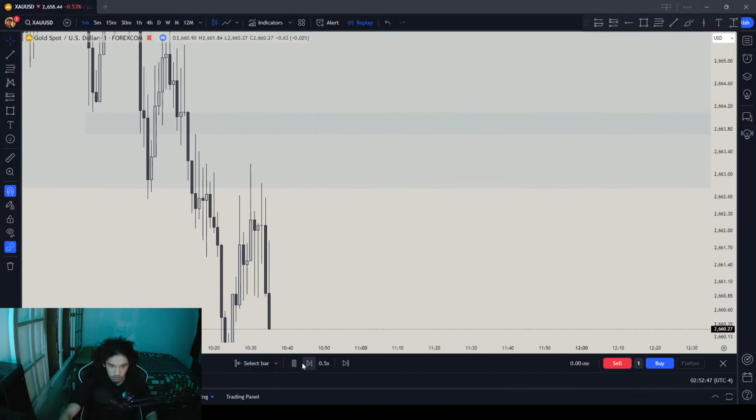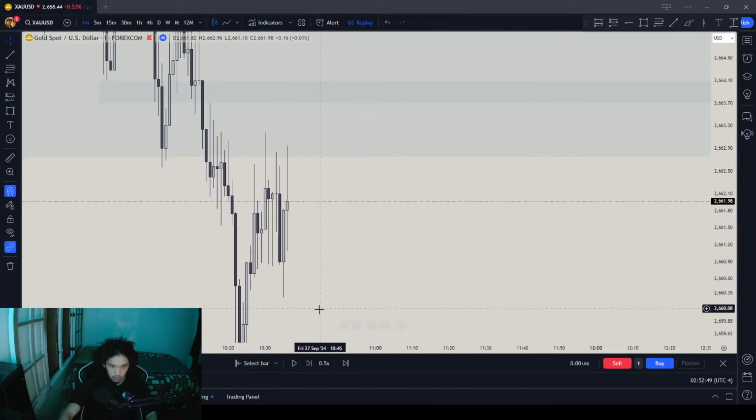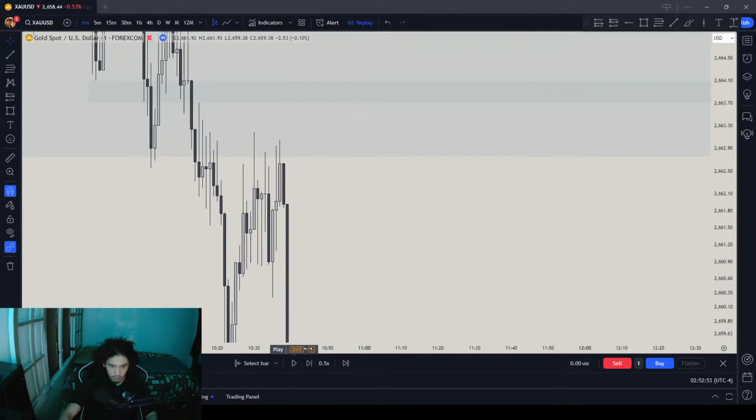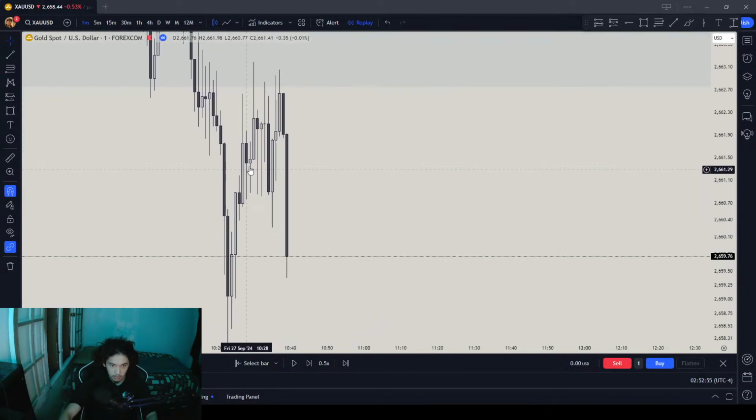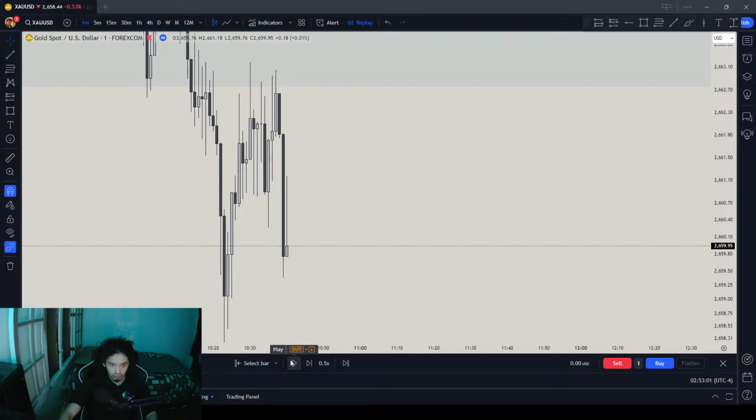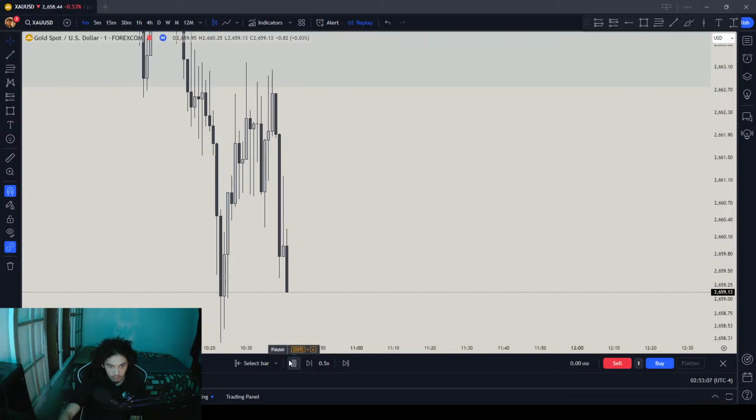I'm looking to enter, then push it down. This is the bearish candle.